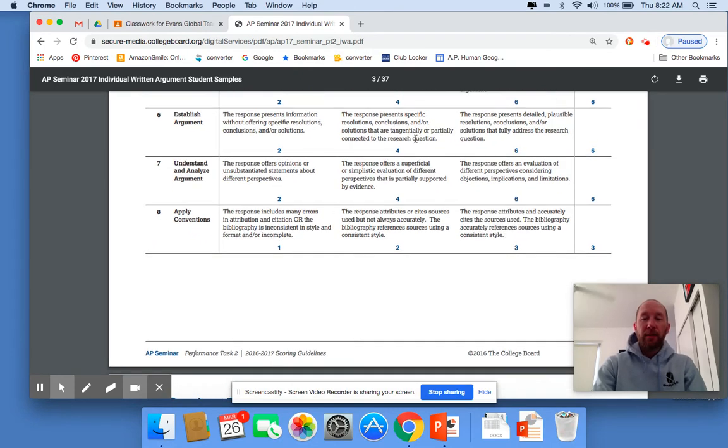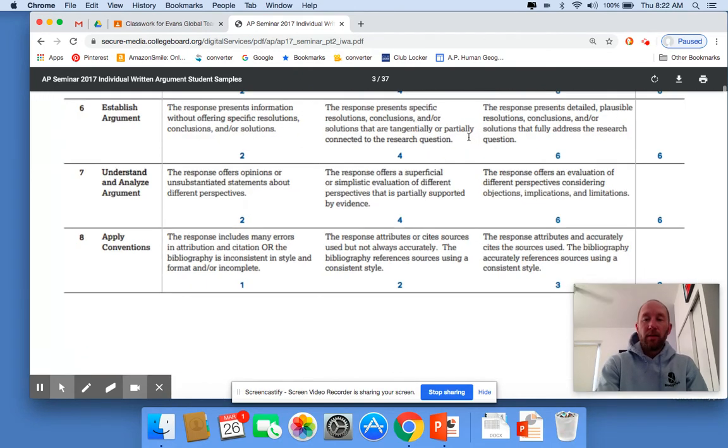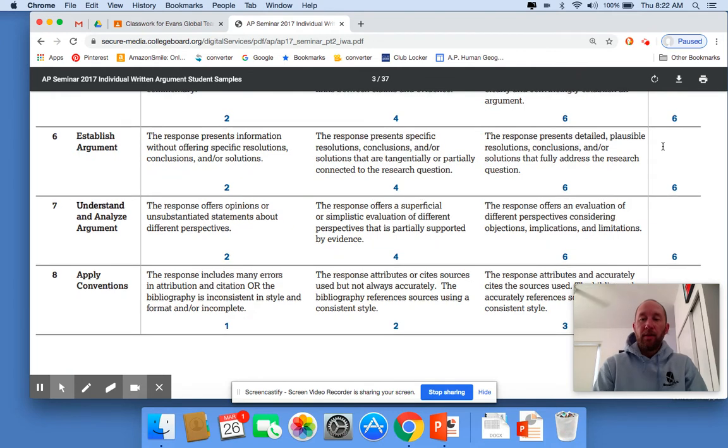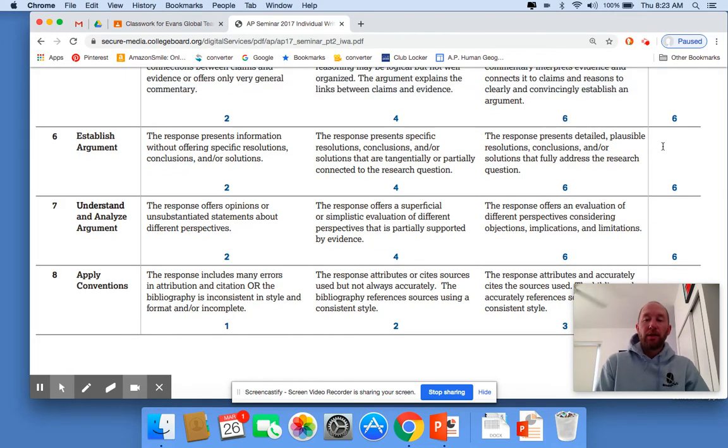Next one for established argument. Let me see if I can make it bigger. All right, did that help? The response presents detailed, plausible resolution, conclusions, and or solutions. Again, this is why my outline is structured the way it is. We explain a problem, then we offer a solution. We can't just explain problems.